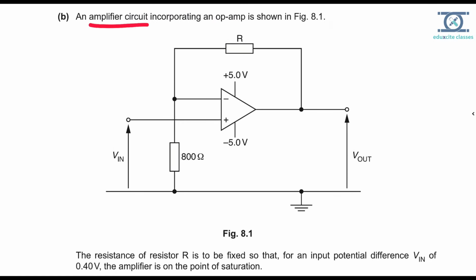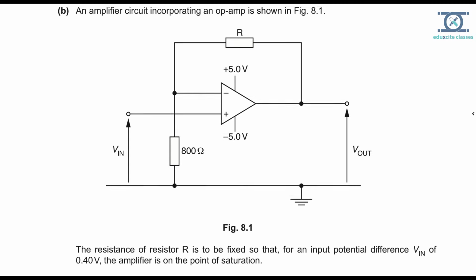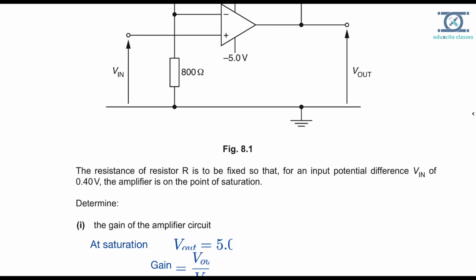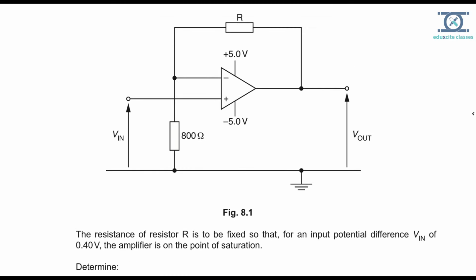Now this is an amplifier circuit given to us. You can see the values are given. The resistance R is to be fixed so that for an input potential difference V in of 0.4 volt, the amplifier is on the point of saturation.